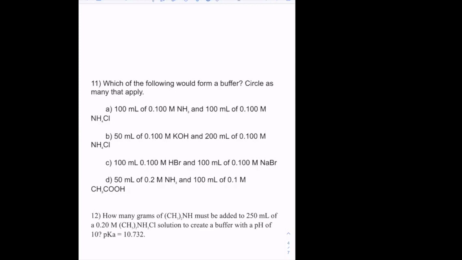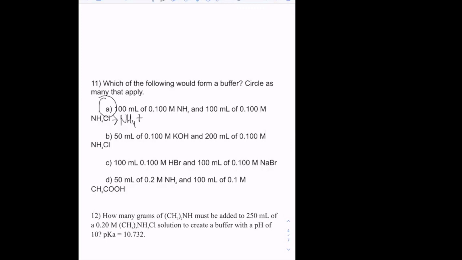Looking at the first one here, you have NH3 and NH4 plus. This turns into NH4 plus in solution, so I'm just going to write this as NH4 plus. Looking at this, do you have a weak acid and its conjugate base? Yes. And whenever you have a weak acid and its conjugate base, you know that it's going to be a buffer. So this one will be a good buffer here.